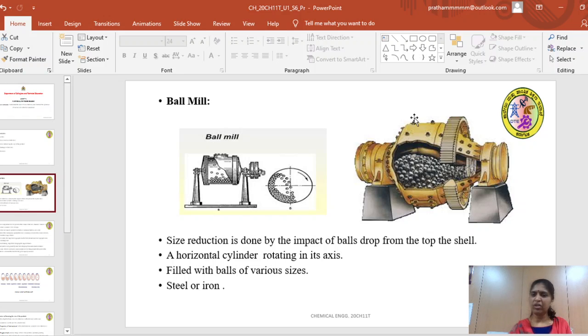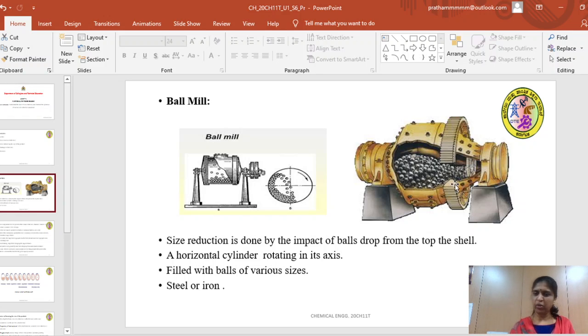So it is a horizontal cylinder which rotates on its axis, and the reduction of the feed particle takes place by the impact of the balls which drop from the top of the shell. The balls are usually made up of steel or iron, of various sizes.